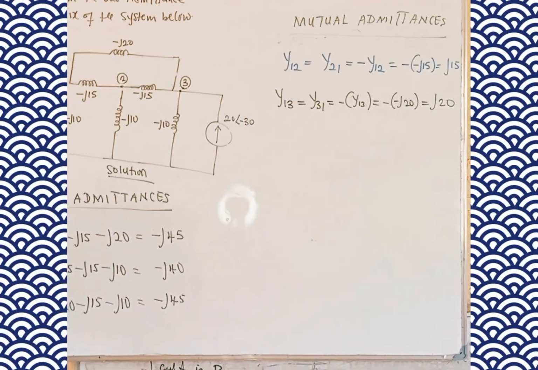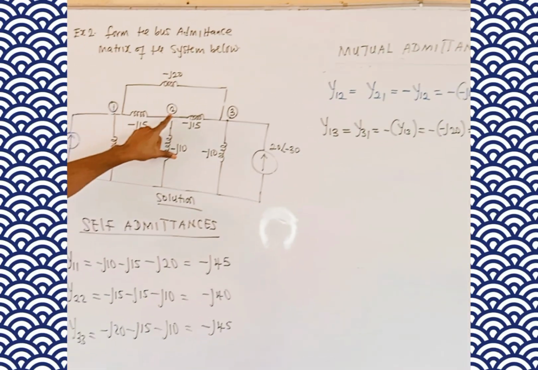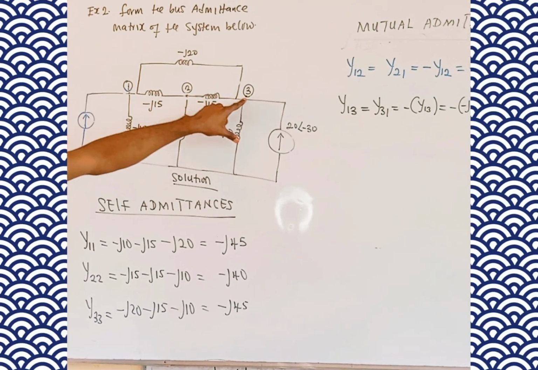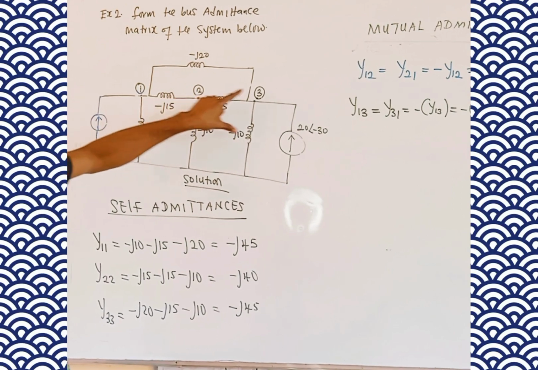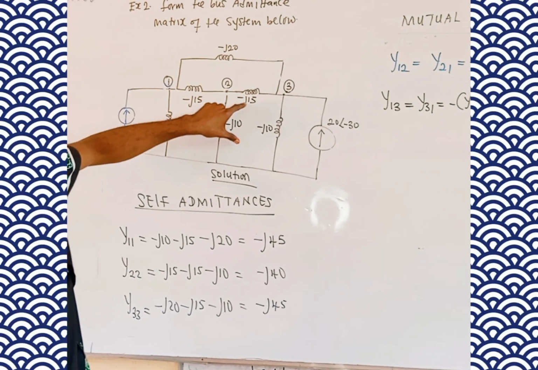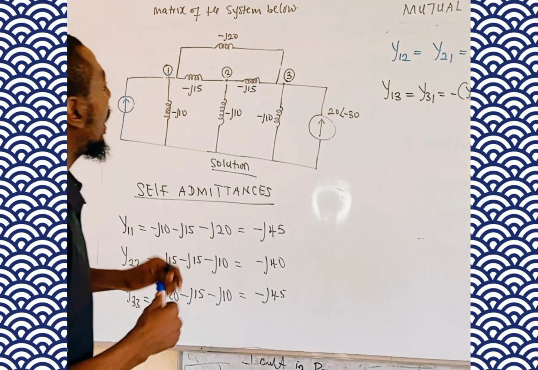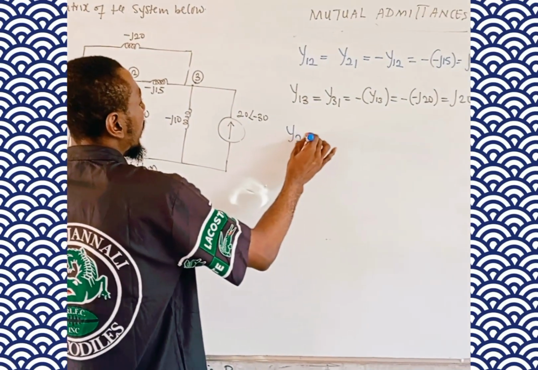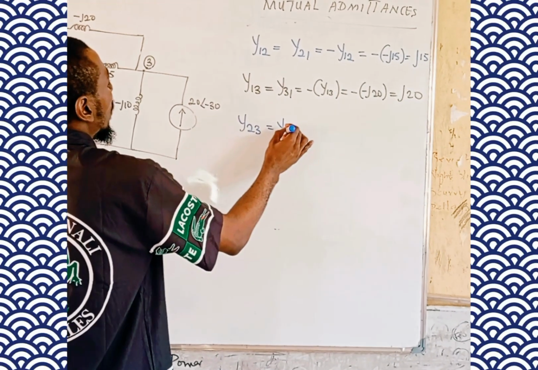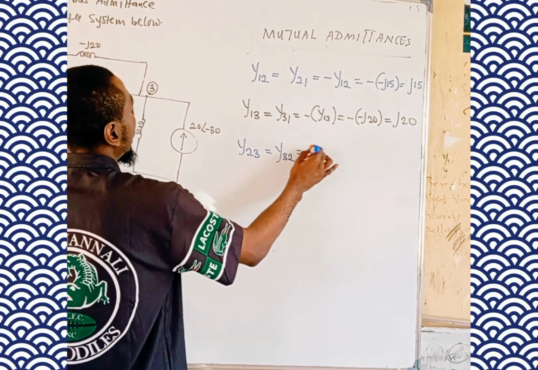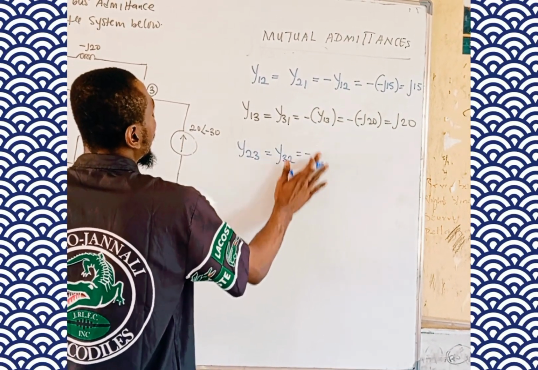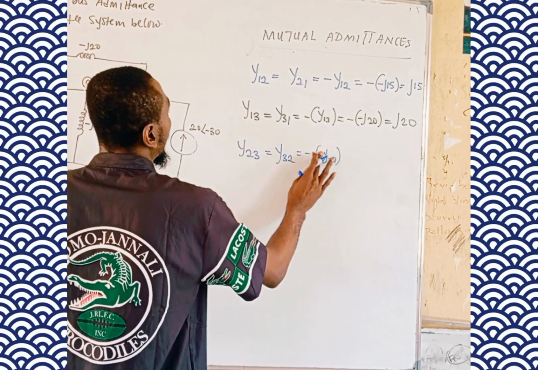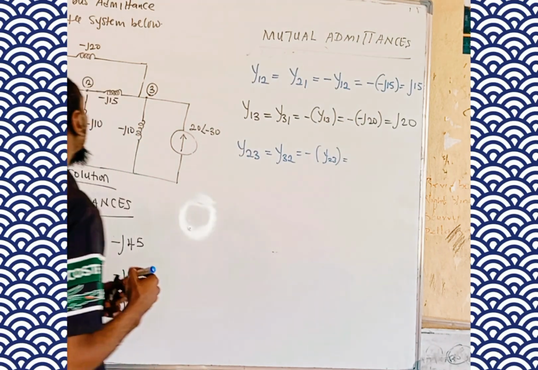Then another mutual admittance is 3 connected to 2, or rather 2 connected to 3. The admittance between these two buses is the mutual admittance. The next is Y23, which is the same thing as Y32, which is the negative of Y23.